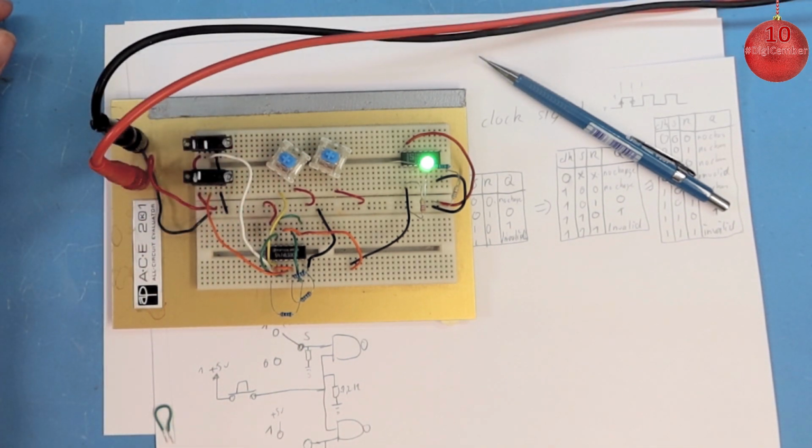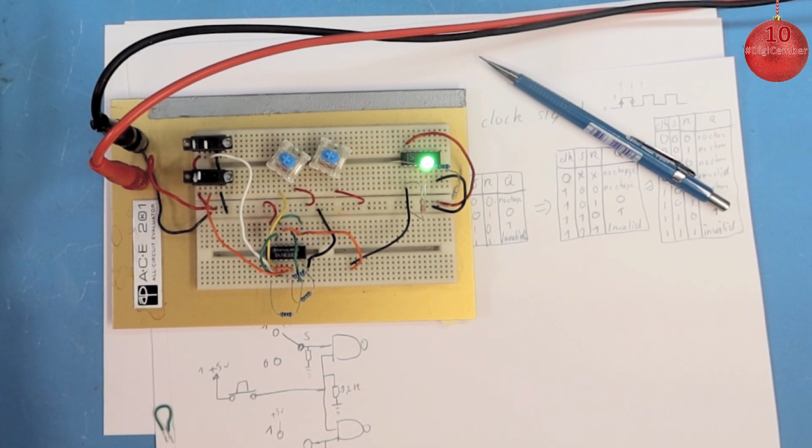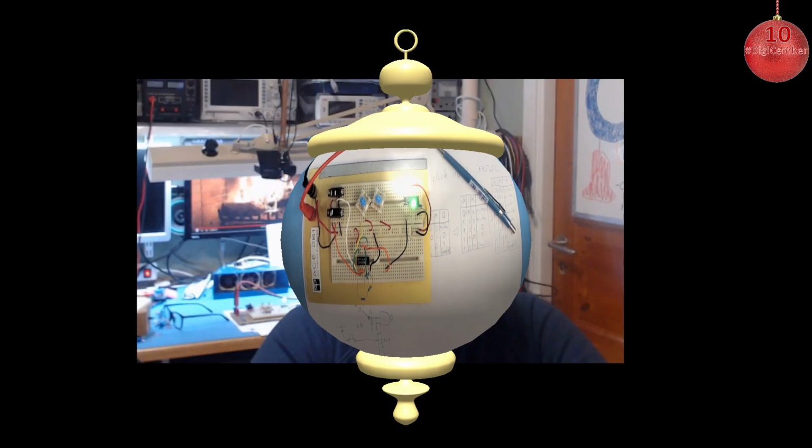So we didn't reach the JK flip-flop today, but we are going to do that one tomorrow, I think. It's quite similar to this, but it's the gate that is actually used in these kind of situations. Yes, and I hope you learned something today.